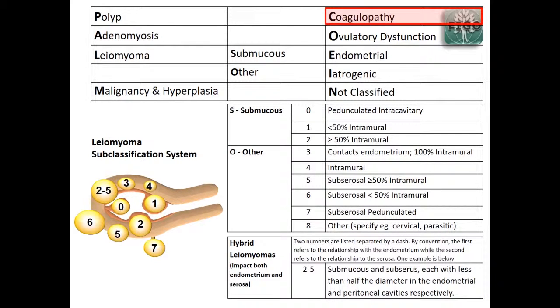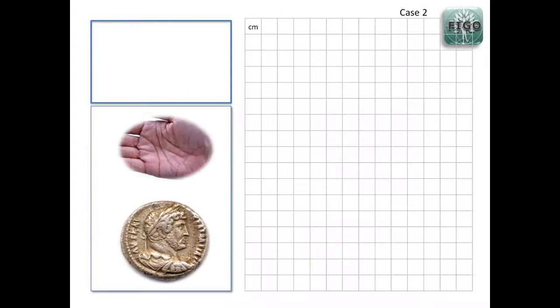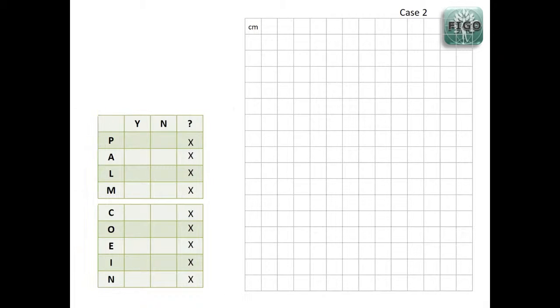The coagulopathy is determined by a structured screen found elsewhere on this website in the investigation toolbox. The investigation can be documented in the form of a grid. At the beginning, nobody knows what, if any, findings will be identified.